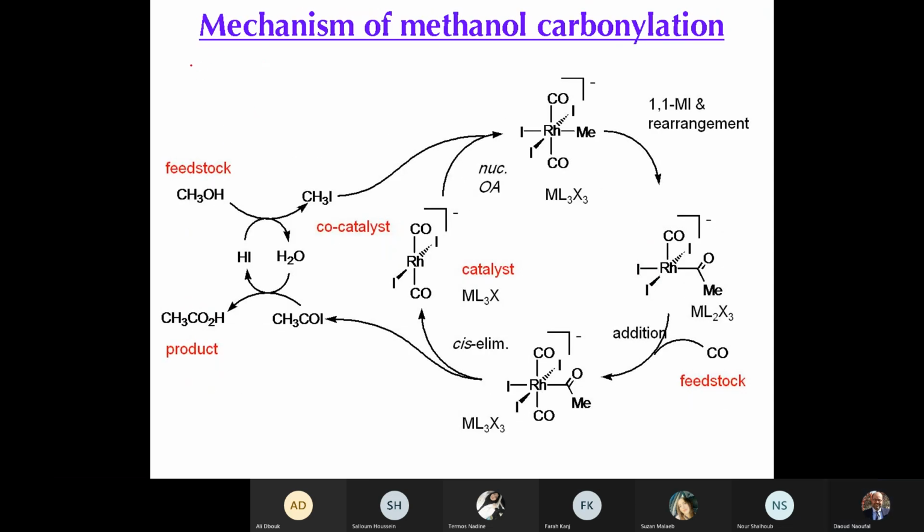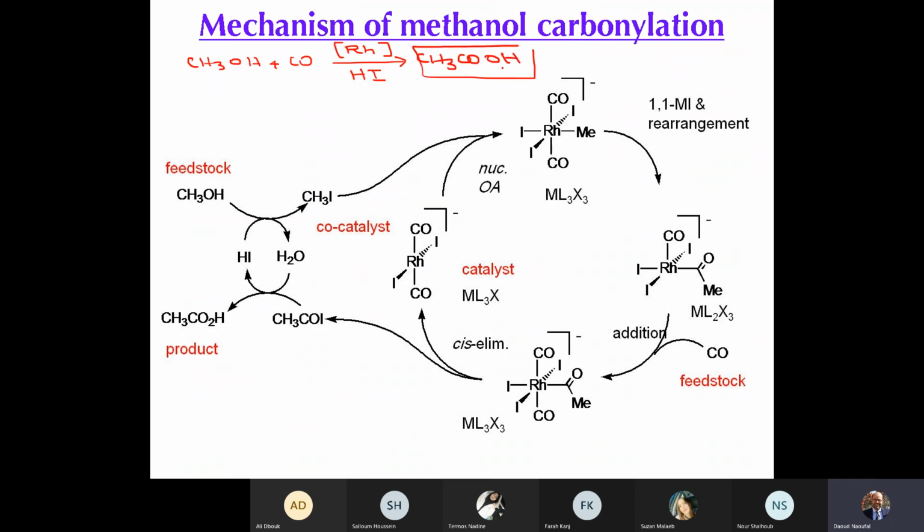Methanol plus CO in the presence of rhodium catalyst, and in the presence of co-catalyst HI, forms CH3COOH.